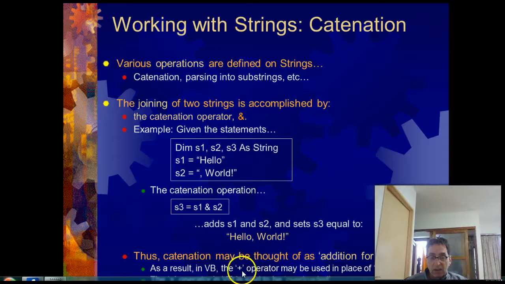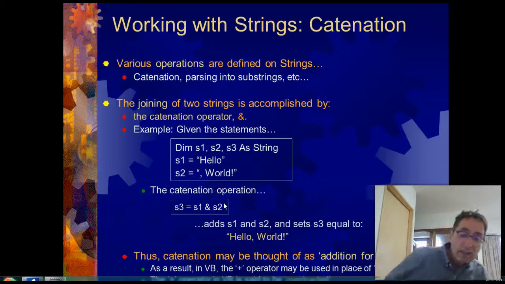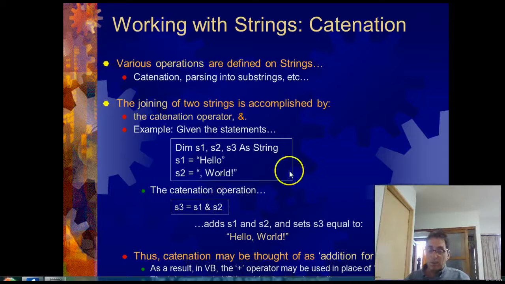As a result, in VB, the plus operator may be used in place of that. So you could actually write, instead of S1 and S2, S1 plus S2 in VB, and I guess that will also work. And I guess you can't read this below here, but it says the plus operator in VB is said to be overloaded.